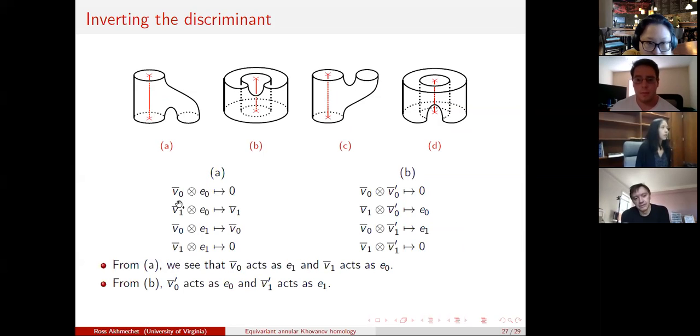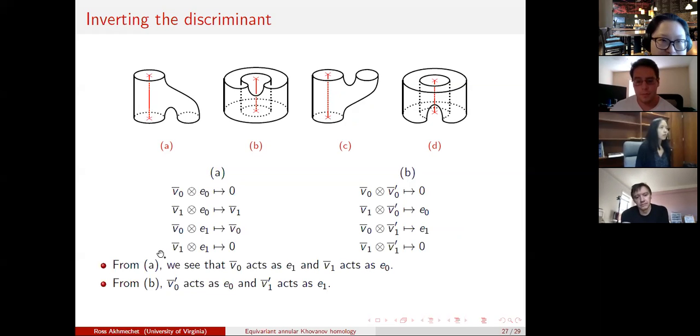Like here, E null is x minus alpha null. X acts as alpha null on this element, so it's 0. But yeah, up to renaming the basis, it seems to me that there's no difference between the chain complexes.